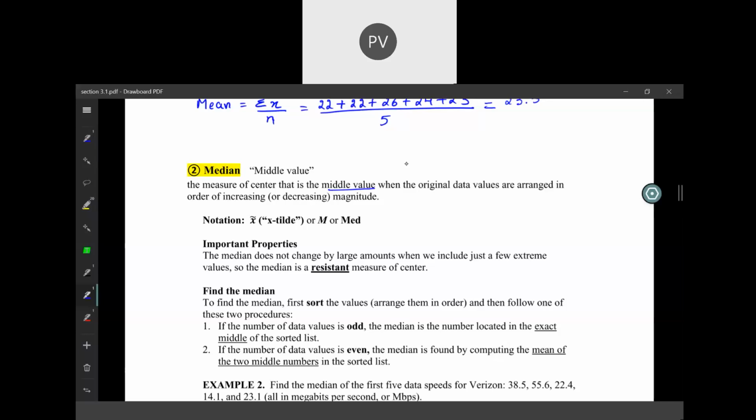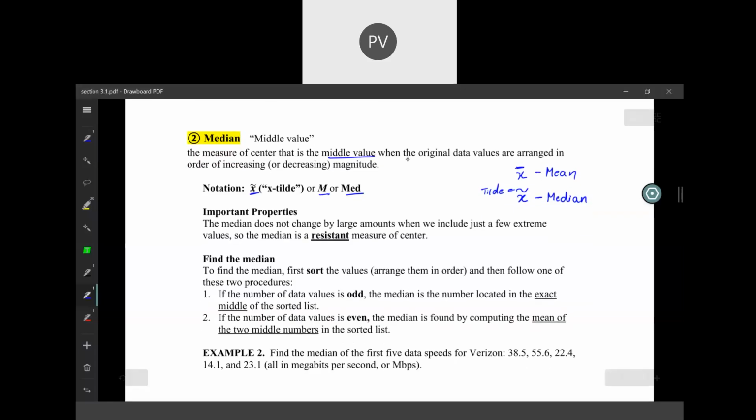Now this is x bar, which is called the mean. If you have x with a tilde, then this is the median. So we usually denote it by x tilde or m or med. These are the notations for median.